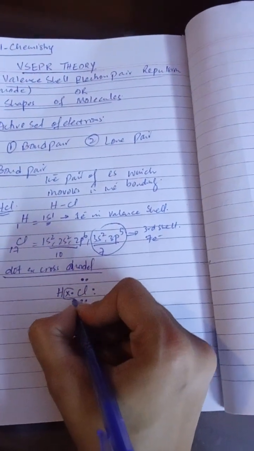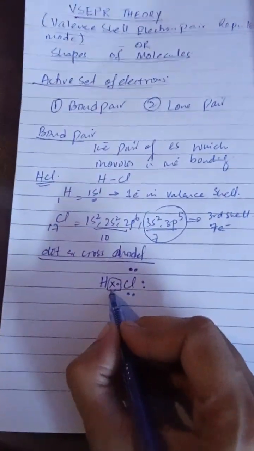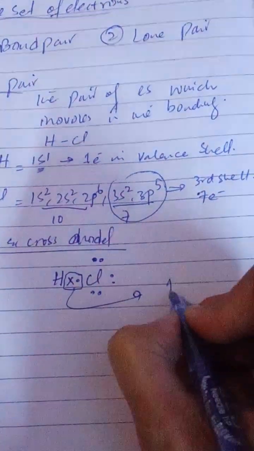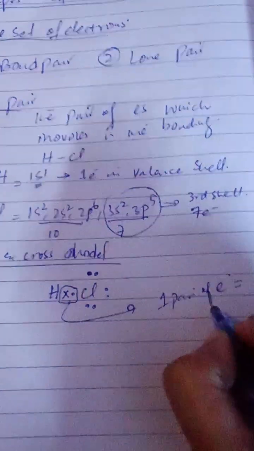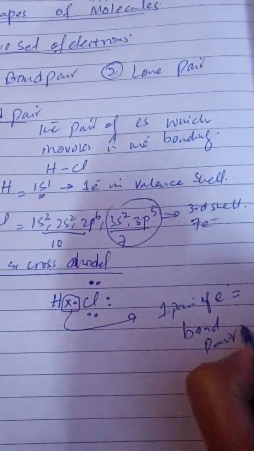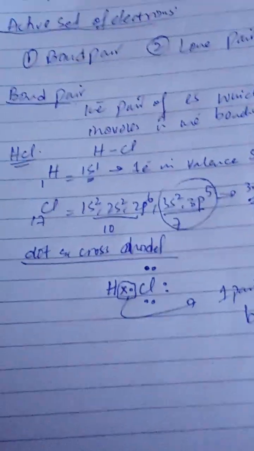This is referred to as a pair of electrons. The pair of electrons which is involved in the bonding is referred to as the bond pair. So in HCl, one pair of electrons is involved in the bonding, that is why it is referred to as the bond pair. This is the example of the bond pair.